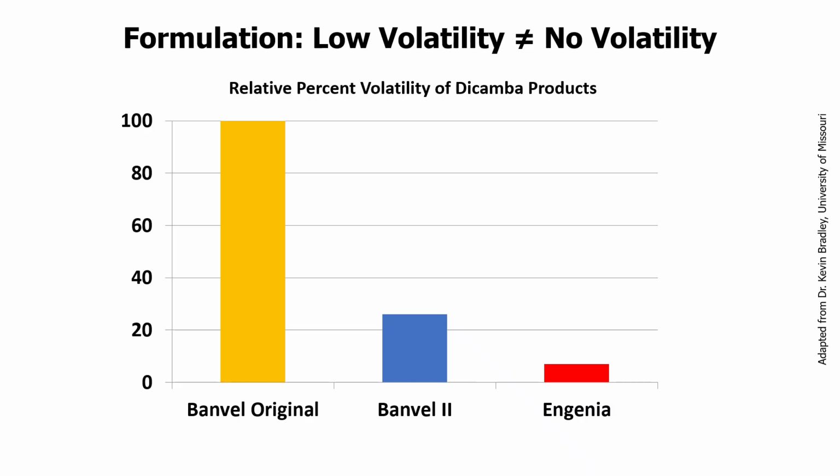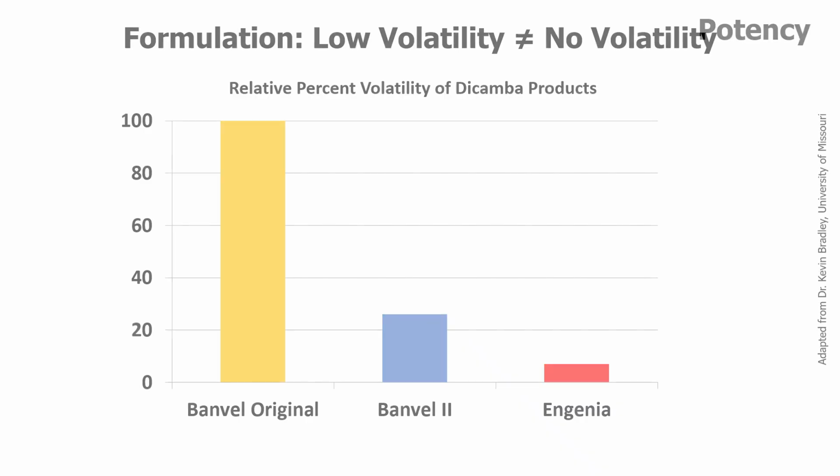It volatilized just as quick as you'd look at it. So we're going to say that's 100% drift. Just whatever it was, that's 100%. They released Banvel 2, and it was a lot less volatile, only about 25% of what it originally was. And Engenia, Extendimax, the new dicamba, it's only about 5% as volatile as the original, but it's still 5%.